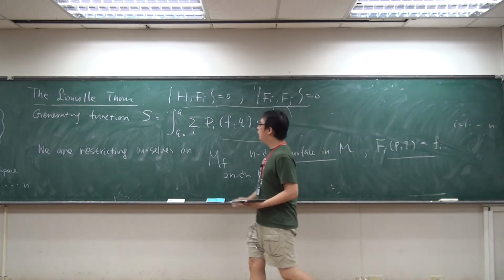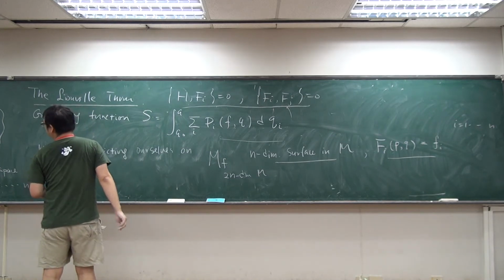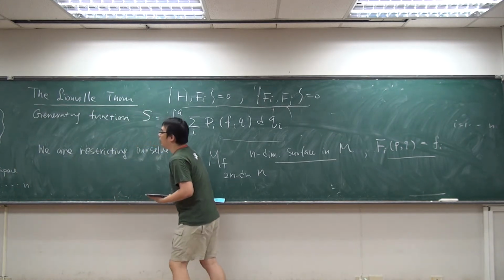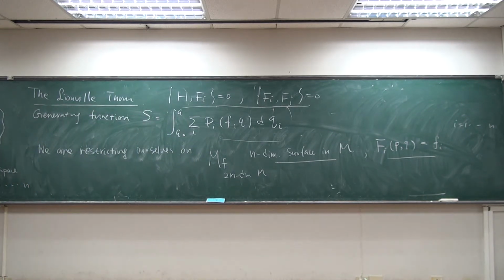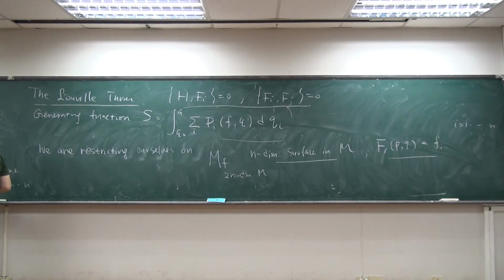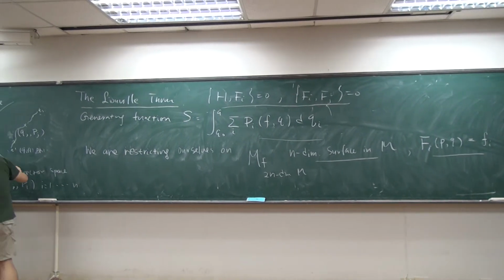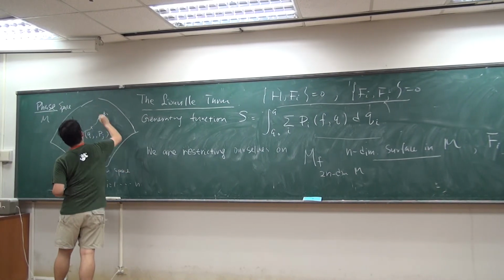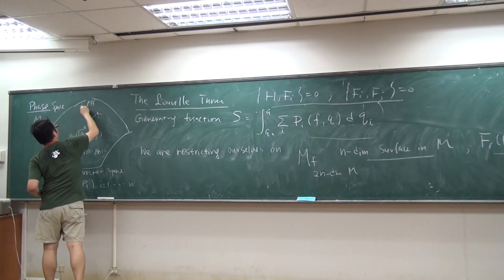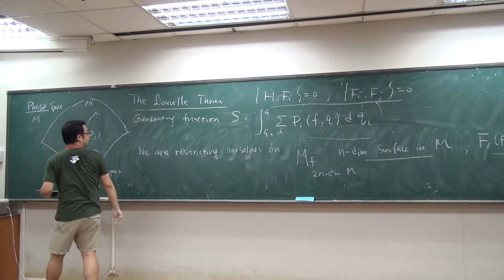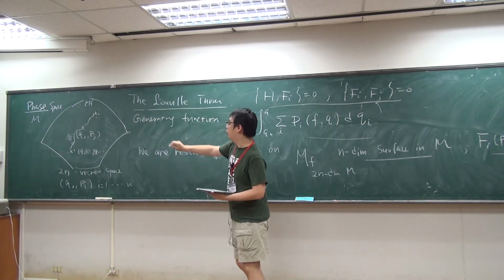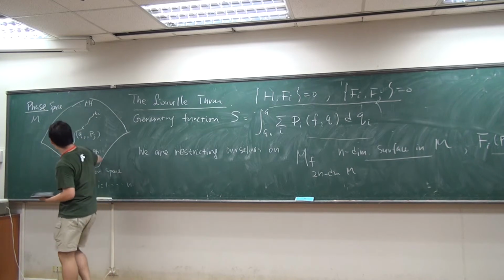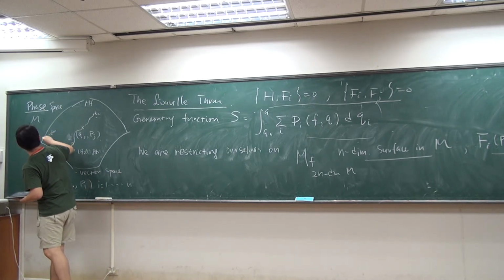Okay? So we are restricting our integral. I think the picture should be something like this: we are now considering some surface MF, then we are doing the integral between two different points on MF, an n-dimensional surface.